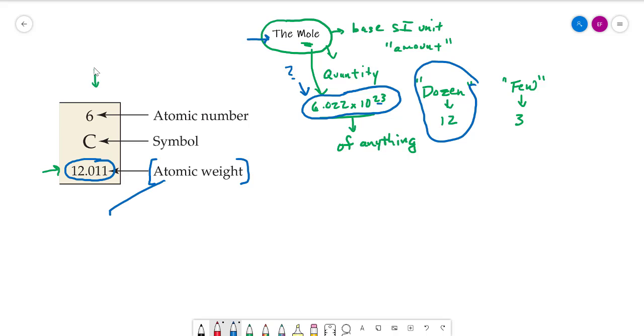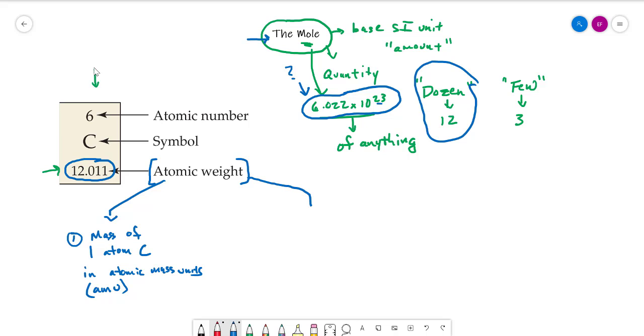The first purpose here is that it defines the mass of one atom of that element, of carbon, in this unit called atomic mass units, or AMU, which we've already used in this class, but I didn't define explicitly. So if I look at the periodic table and I look at carbon and I see the atomic weight, that tells me that a single carbon atom weighs exactly 12.011 atomic mass units.